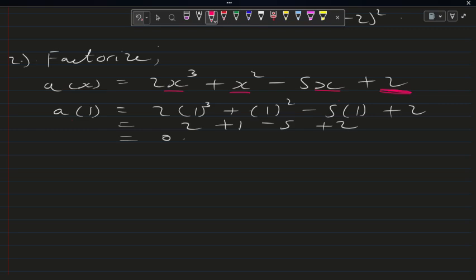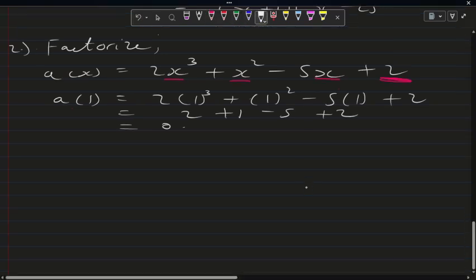Okay, it wouldn't make sense for us to try and plug in positive 3 because 3 is not a factor of 2. That is a very important thing to take into consideration when you're doing this.